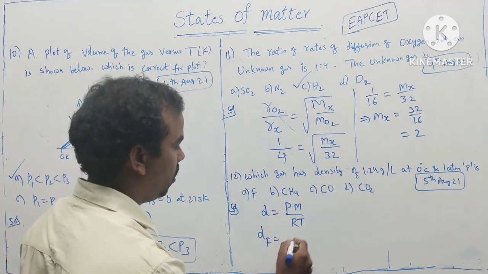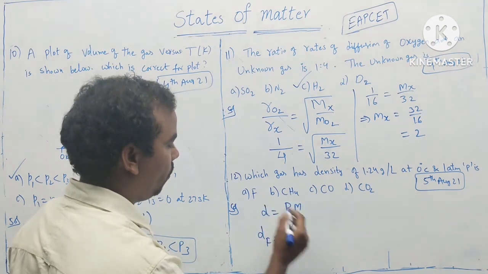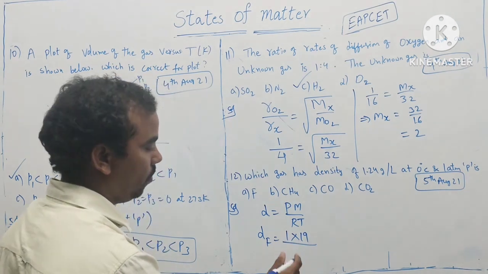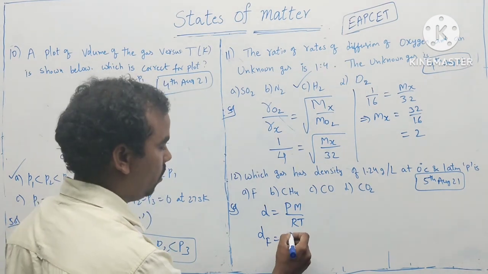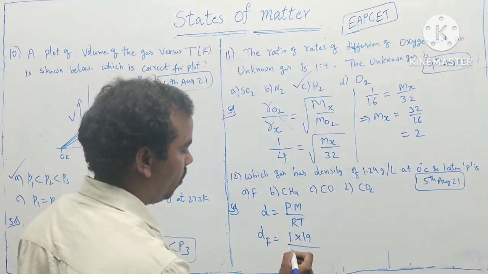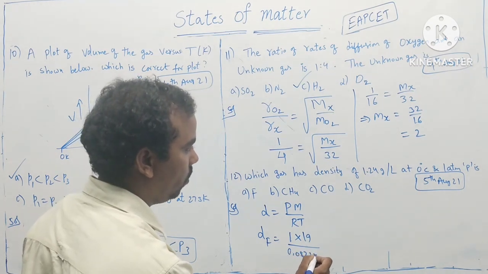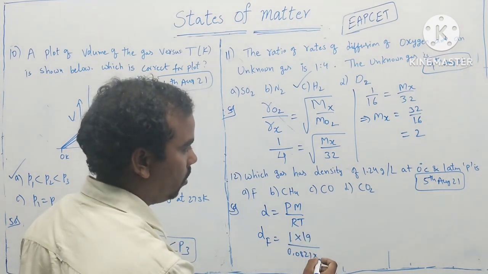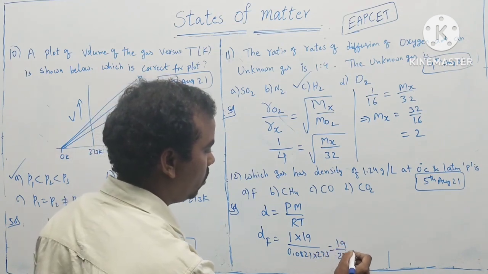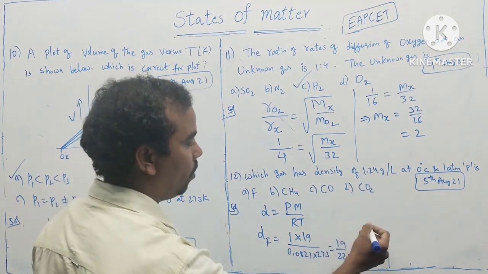Density is equal to pressure 1, molecular weight of fluorine is 19, divided by R value 0.0821 into temperature 273. That means 19 by 22.4. This value is 0 point something, but we want 1.24.